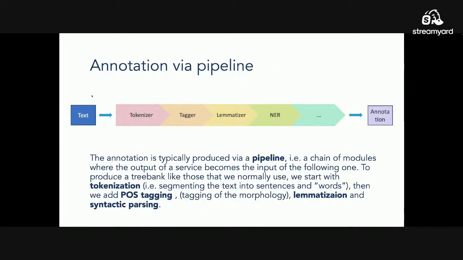Now, typically, when you do annotation, no matter the workflow that you adopt, you start with a model. You use what is called a pipeline, a chain of modules where the output of one service becomes the input of the following one.